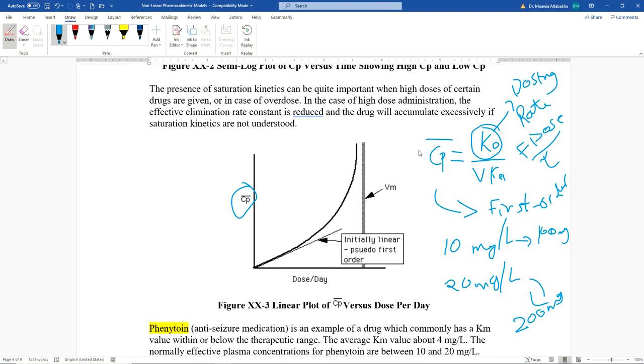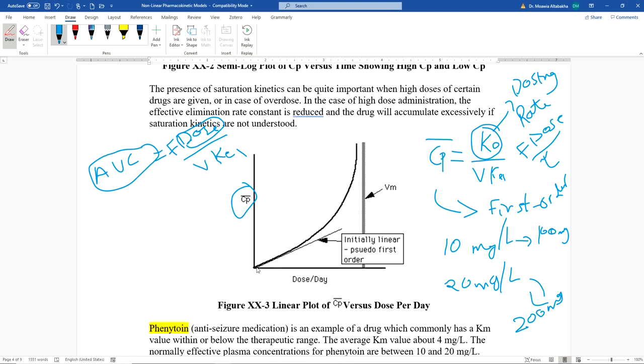Another thing is regarding AUC. Remember that AUC is equal to dose divided by V times KEL. Of course, if I have extravascular administration I can add F. If you double the dose, what happens to the AUC? It will double. So doubling the dose should result in doubling the AUC.